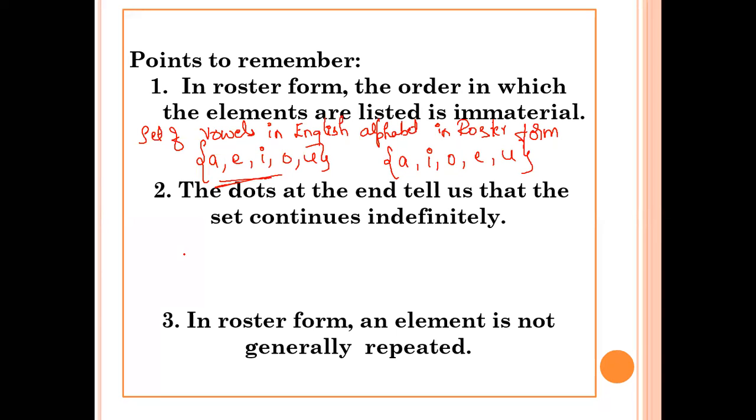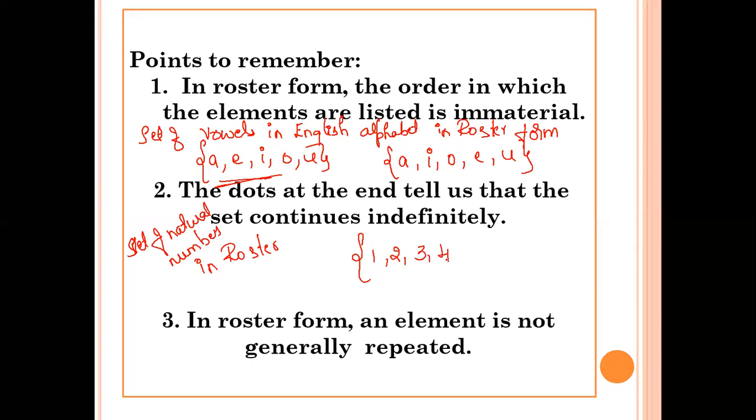The dots at the end tell us that the set continues indefinitely. If I say write the set of natural numbers in roster form, you wrote it in this form: 1, 2, 3, 4 and then you put some dots. So if you see dots like this, it means the set you have written continues and there is no end for such a set.